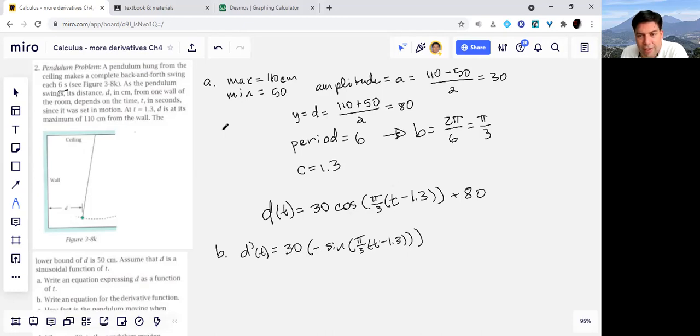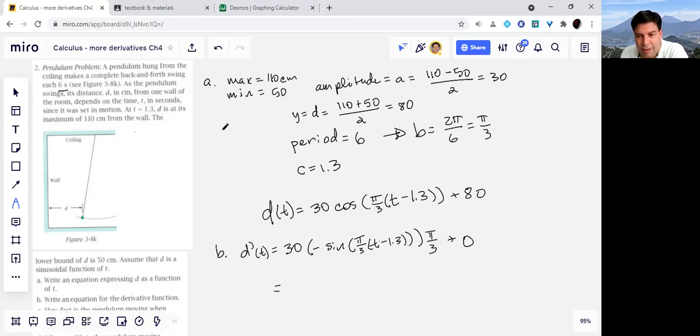The derivative of the inside is simply pi over 3. So that's the derivative of this part, plus the derivative of 80, and that, of course, is 0. Now it's a matter of simplifying this.